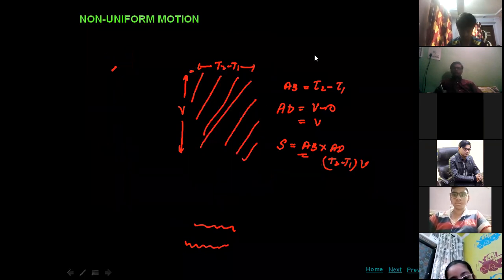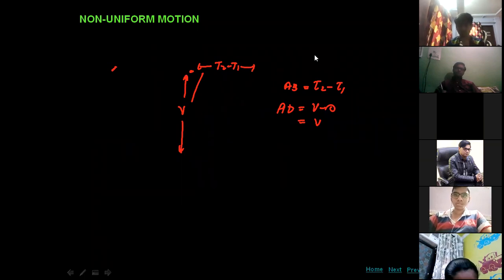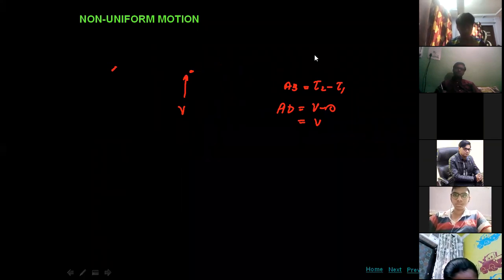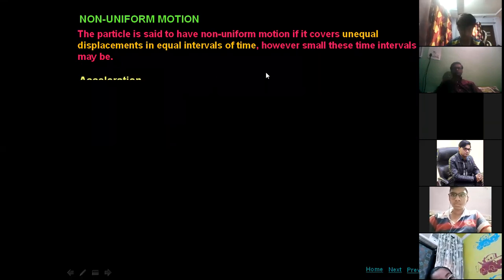So now, non-uniform motion. The particle is said to have non-uniform motion if it covers unequal displacements in equal intervals of time.